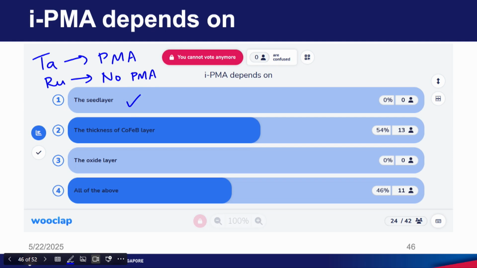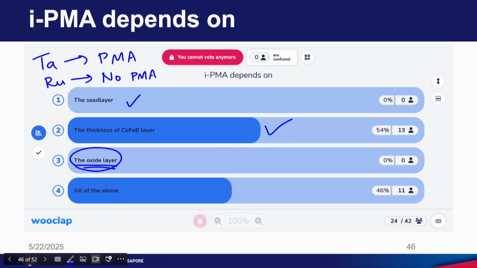Of course, you all know that the thickness of cobalt iron boron layer plays an important role. I didn't teach you that this oxide layer also plays an important role. It was in the slide where we discuss about the origin of PMA, the hybridization. So all this depend on oxide layer. Okay.